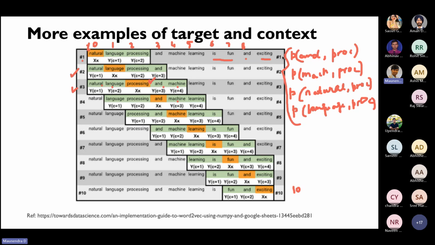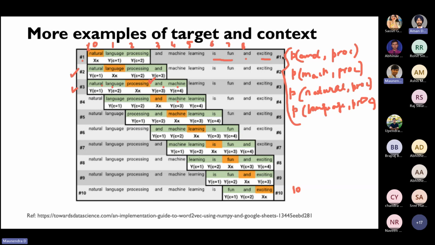Each token in this mega document gives us one value of small t, so the total number of tokens in that big document is capital T. Irrespective of repetition, "and" is repeated multiple times, but we are still counting 10 as the capital T.